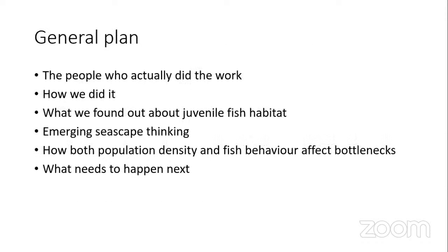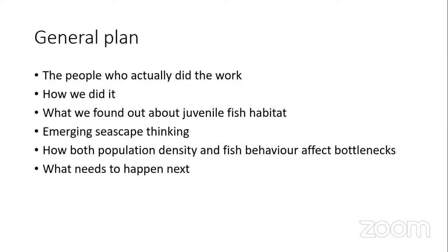Okay. So what we're going to do today then, I'm going to talk very briefly at the start about the people who actually did everything, because the vast majority of it was not me. How we did this work, what we found out about juvenile habitats, and then moving into the ideas of seascape ecology and how we came to those.